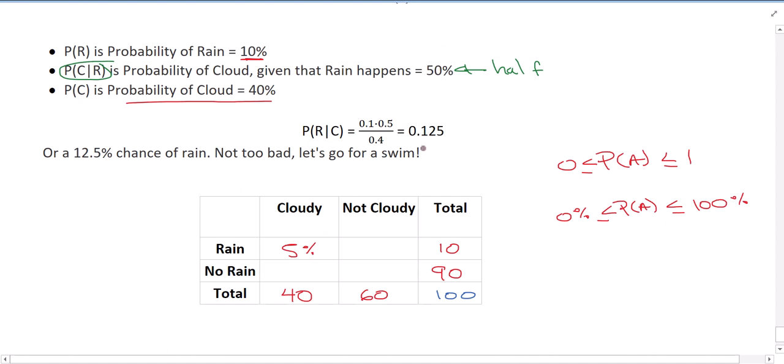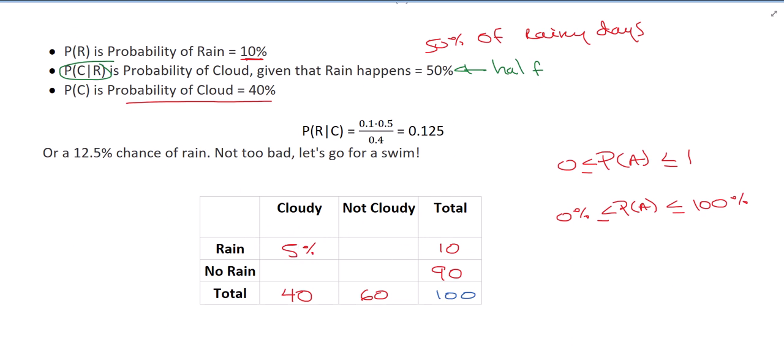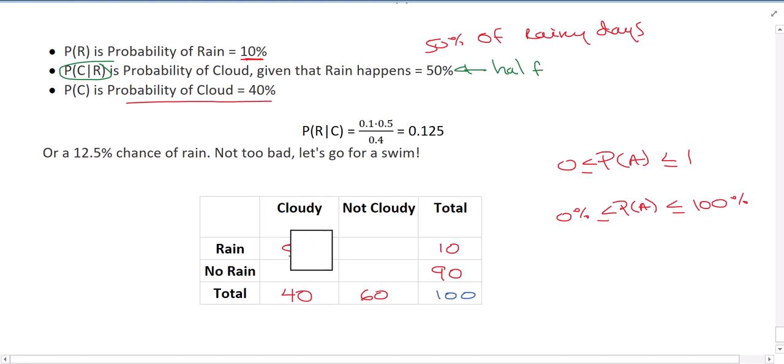I know it says 50 there, but it's really 50% of those days, right? So here, let me say 50% of rainy days are cloudy. That's what that says. So if my percent of rainy days is 10%, then cloudy is half of those. So 5% of those will be rainy and cloudy days. I hope that makes sense.